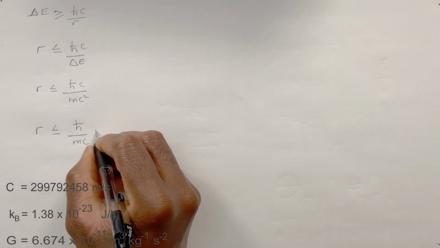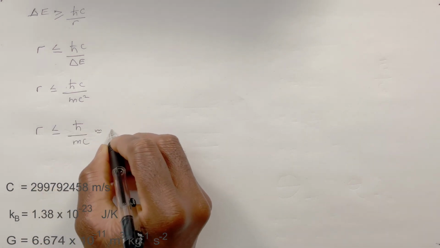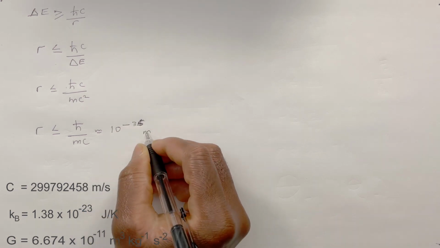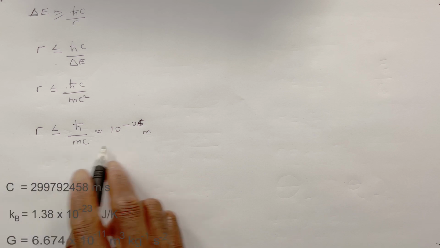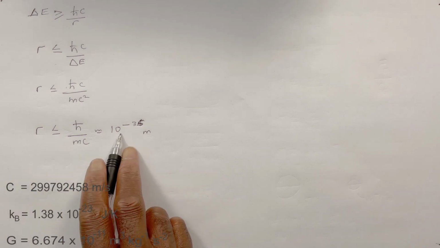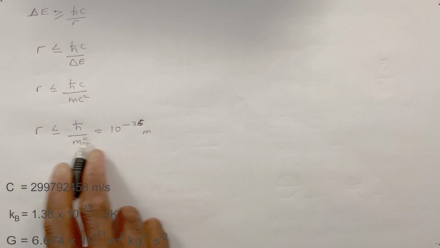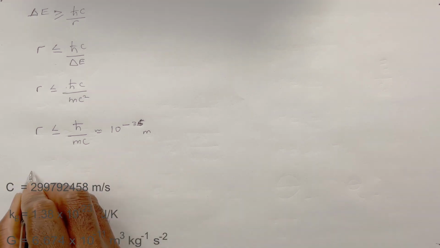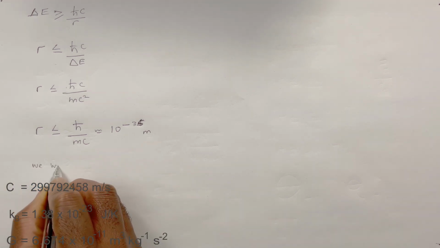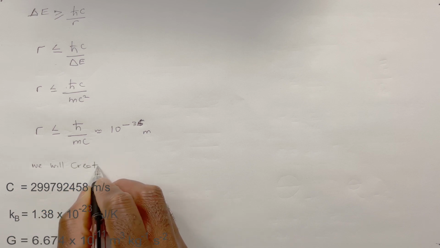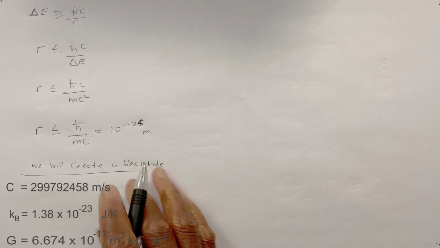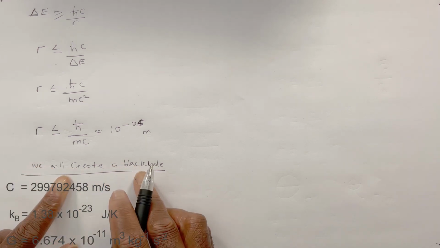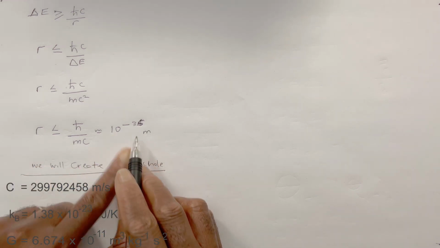That is expected to be roughly about 10 to the power minus 35 meters. So this is where the distance will be, because we put that in there, that's what we get, which means that at that distance we will create a black hole, because the mass will get so big, condensed in that little space, that it will then turn into a black hole.